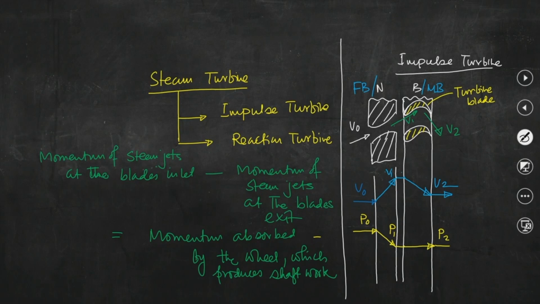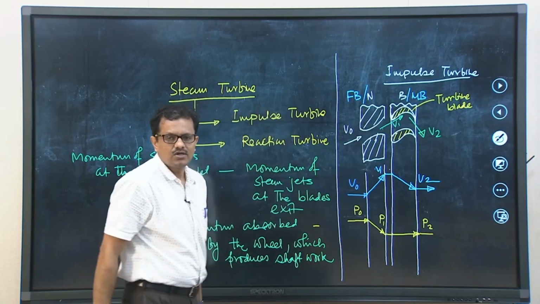So, what we can see is that these blades will rotate solely due to change in momentum of the jets. Let me tell you once again, the moving blades are mounted on the wheel, because this row of fixed blades or nozzles is stationary, and that is why sometimes it is known as fixed blade, as this part is not rotating.